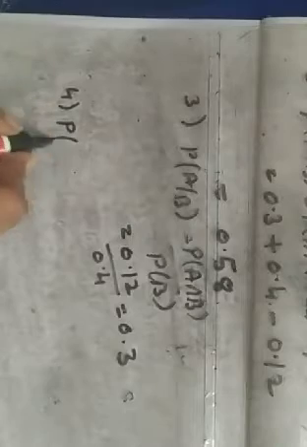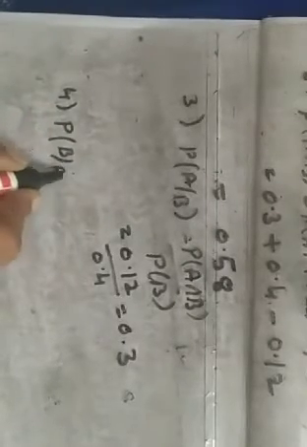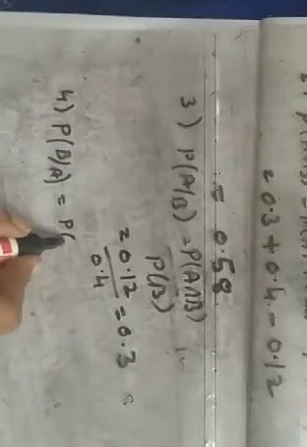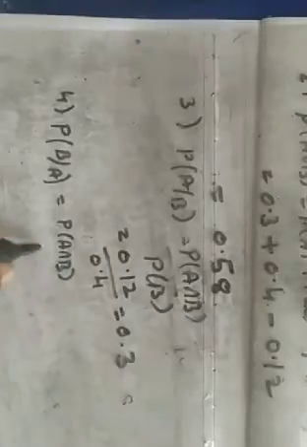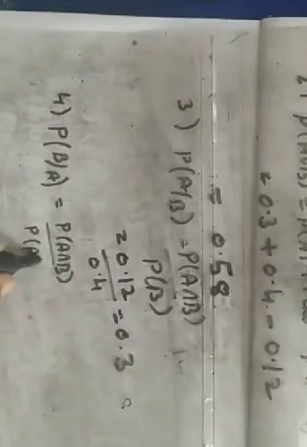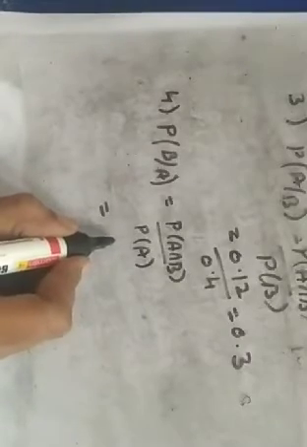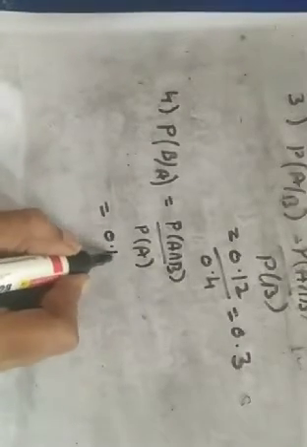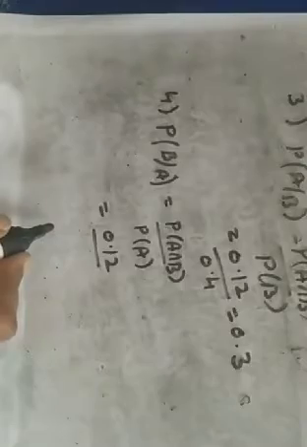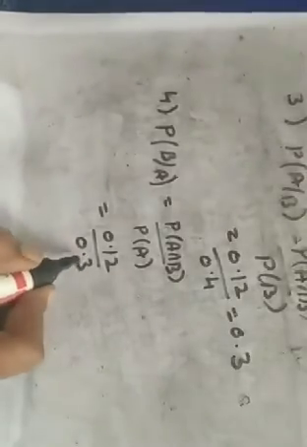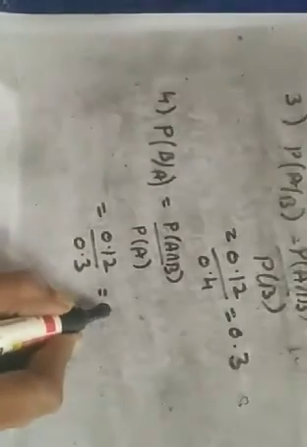Fourth one, P of B by A is equal to P of A intersection B divided by P of A. What is the intersection value? The intersection value is 0.12 divided by what is P of A? P of A is 0.3, which is equal to 0.4.